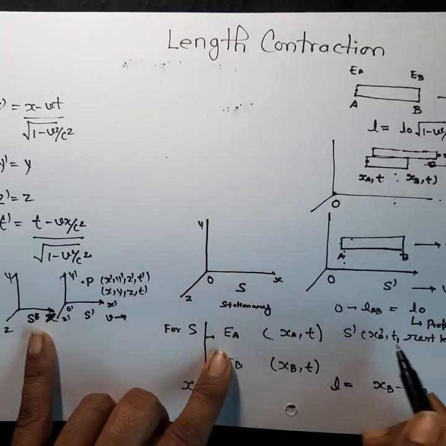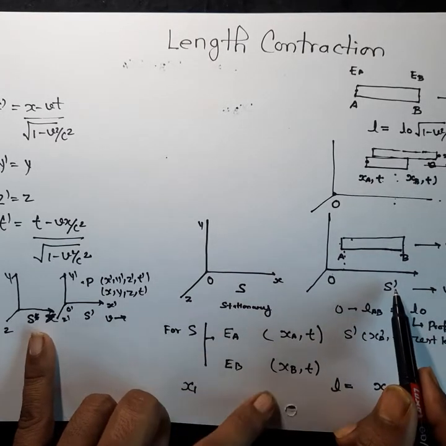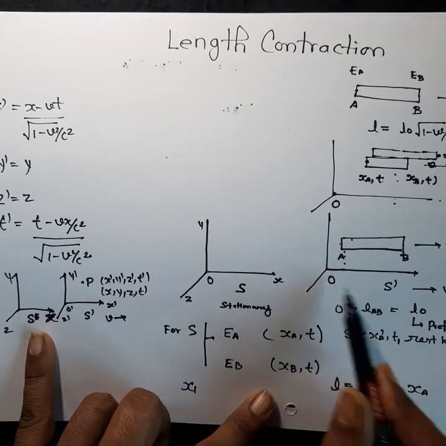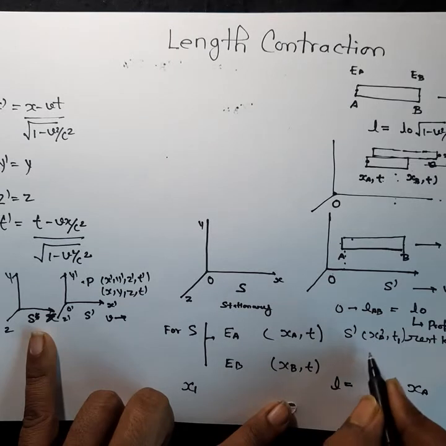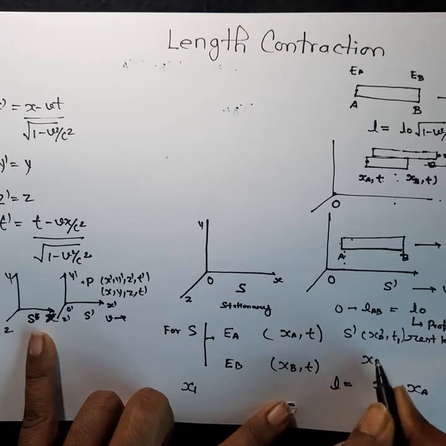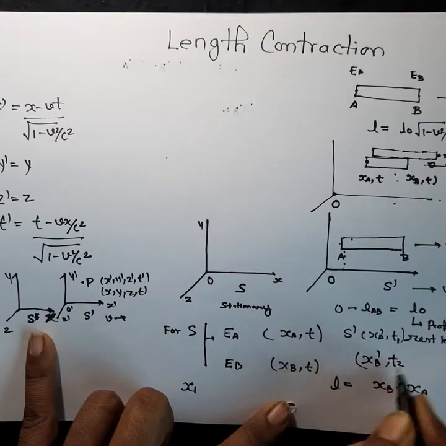Because the observer of the S dash frame of reference is free to measure at any time. And for the other event it will be xb dash, t2.